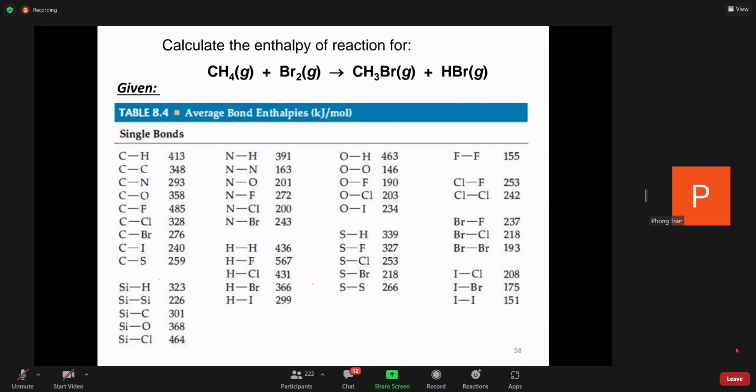Okay, so you got the result of minus 36 kilojoule per mole, right? Yes. Okay, can you show your calculation? Briefly describe how you made it so that your friends can understand.